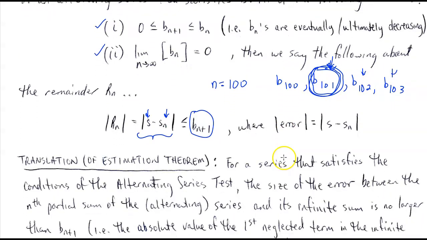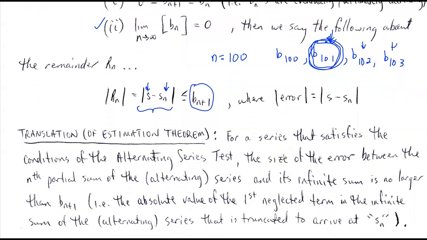And so here again, I have this translation. It says, for a series that satisfies the conditions of the alternating series test, the size of the error between the nth partial sum of the alternating series, like this situation here if I let n equal 100, and its infinite sum, which is what the s is here, is no larger than b sub n plus 1.